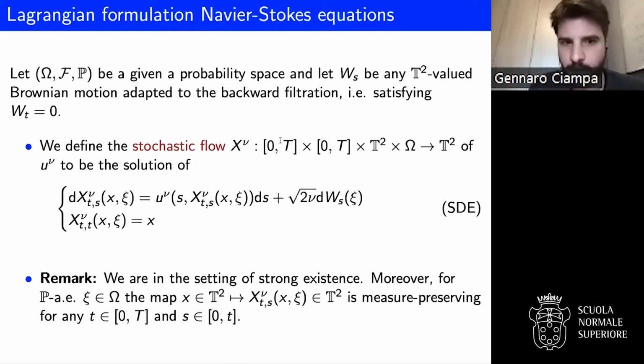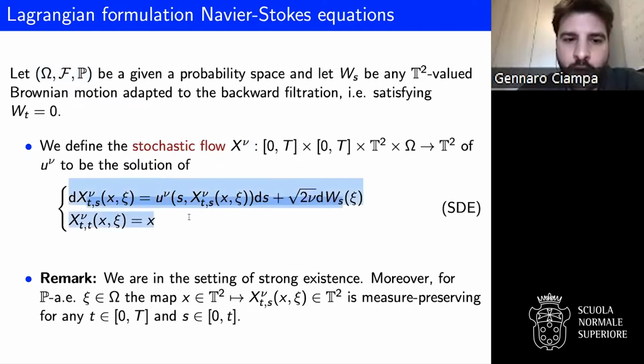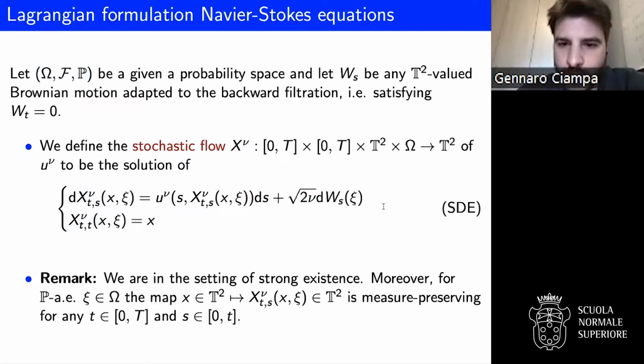And I need to introduce what the stochastic flow is. For a given fixed probability space with an adapted Brownian motion, we define the stochastic flow as the solution of this backward stochastic differential equation, where u^nu is the velocity, the solution of Navier-Stokes.